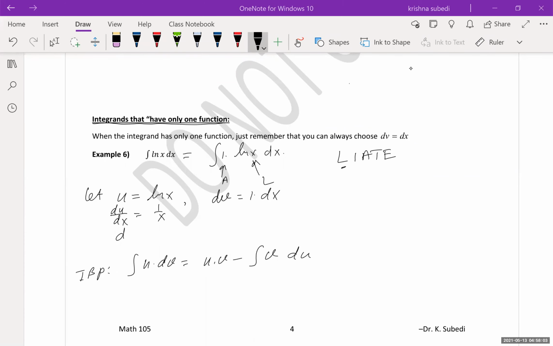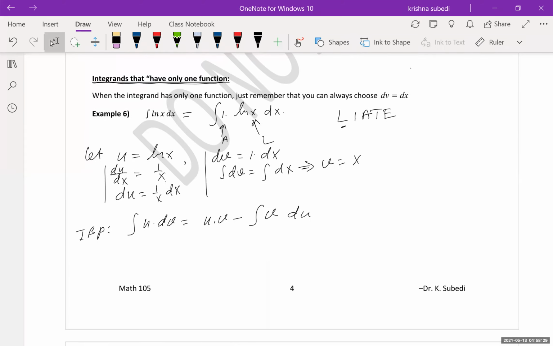So in this example, we have said that u equals ln x. We choose dv to be the remaining term, 1 dx. So you find the derivative on this side. du over dx is 1 over x, so du equals 1 over x dx. And you need to find the integration on this side. So the integration of dv equals the integration of dx, and that's going to give me v equals x.